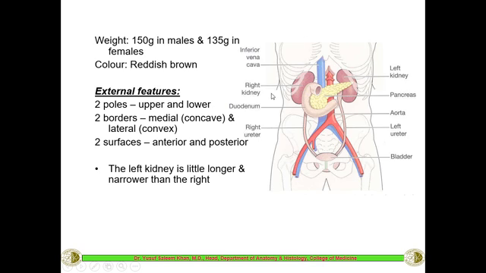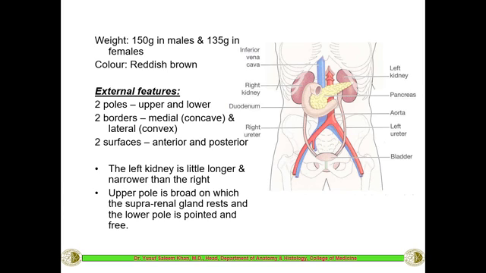As I said, when it ascends upwards it is held by the liver in the right hypochondrium, so it becomes much broader compared to the left kidney.